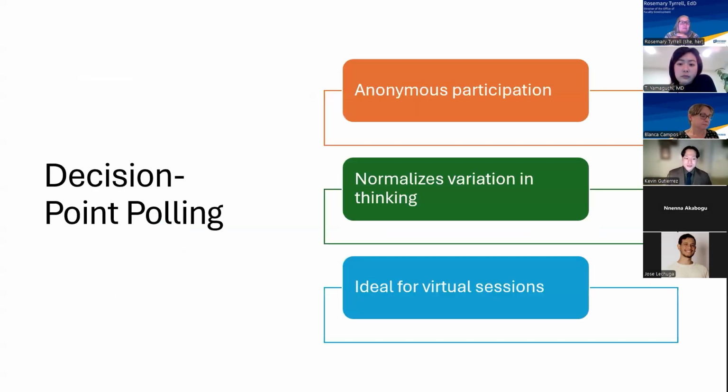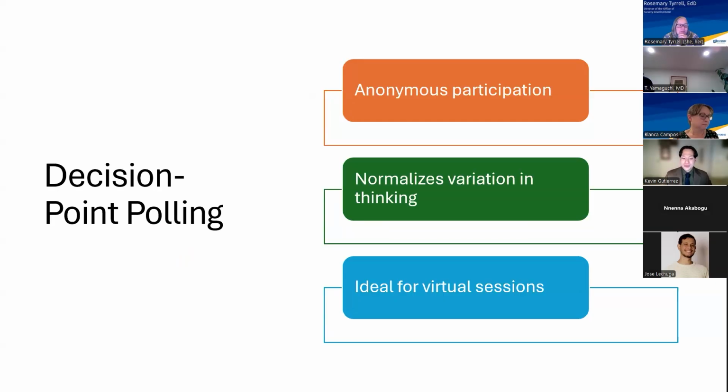So in terms of decision point polling, in the next slide, as we mentioned, anonymous participation is one of the things I like about the waterfall method, or the old school way of having people write it on a piece of paper by themselves and then read it out loud, before Zoom and all of that. It shows that there's a variety of ways to see it.